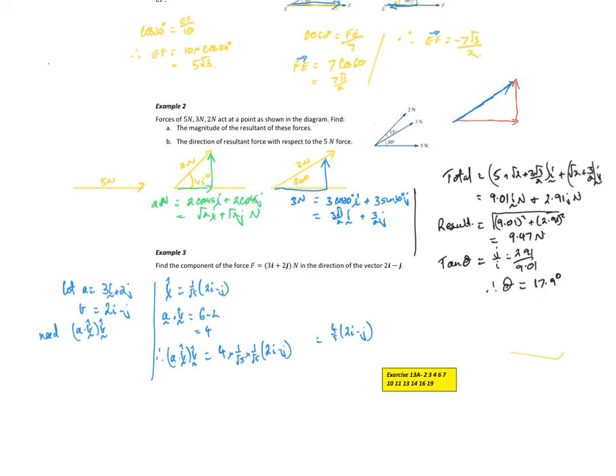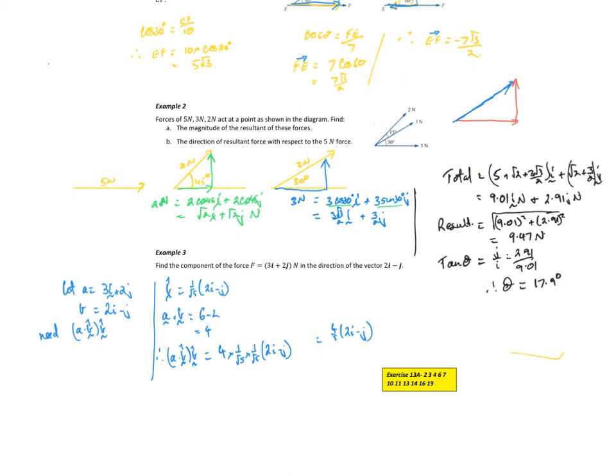The component of the 2 Newton force acting horizontally is 2 cos 45. The component acting vertically is 2 cos 45 also. For the 3 Newton force, it makes a 30-degree angle with the horizontal. So its horizontal component is 3 cos 30, and its vertical component is 3 sin 30.